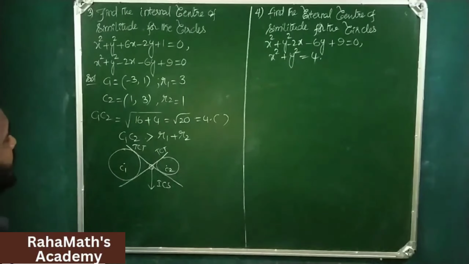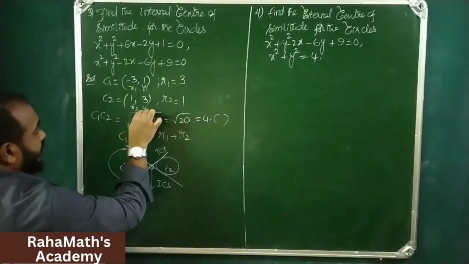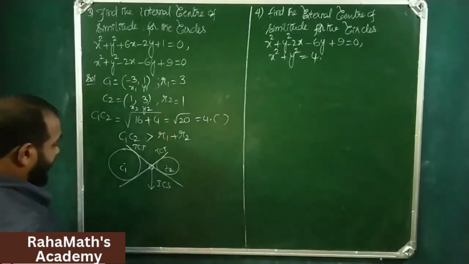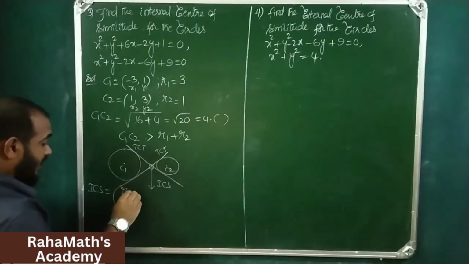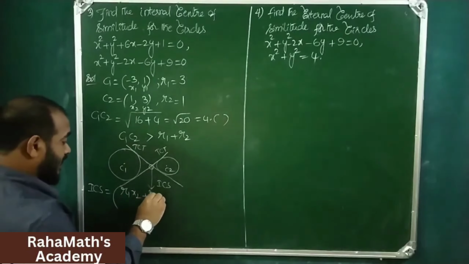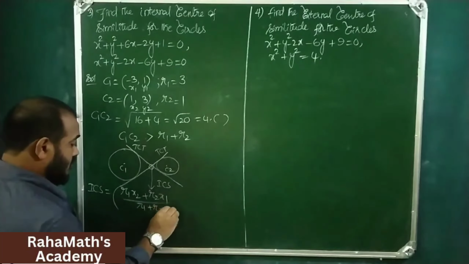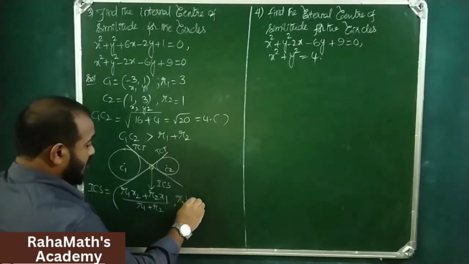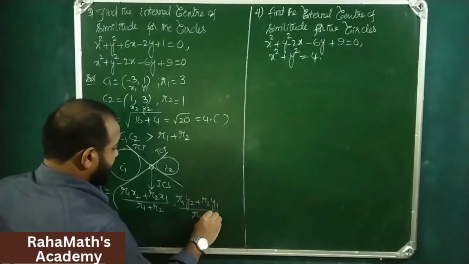So C1 is (x1, y1) and this is (x2, y2). R1, R2 is already there. So the internal center of similitude, we discussed yesterday, is ((R1 x2 plus R2 x1) by (R1 plus R2), (R1 y2 plus R2 y1) by (R1 plus R2)).